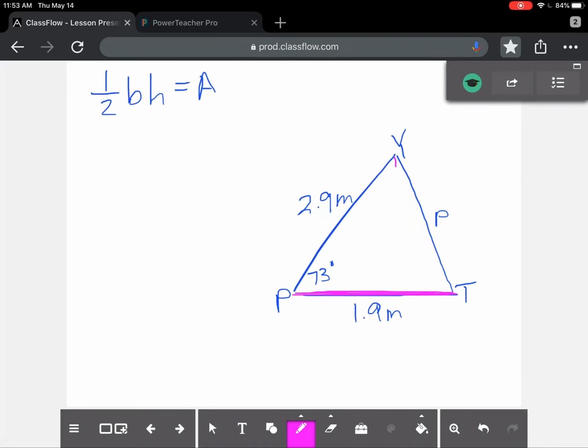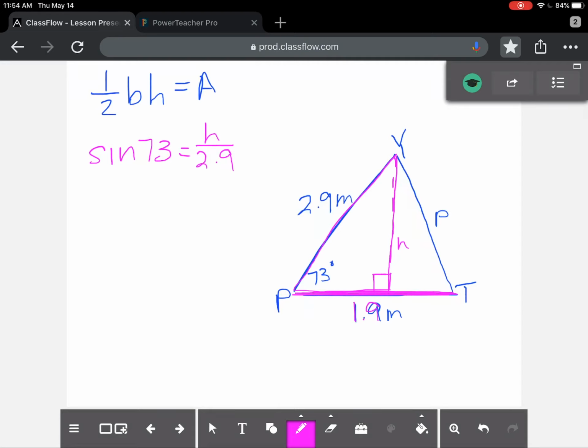Well, we know that area is 1/2 base times height. I'm going to create a right triangle in here because I'm going to make my base this one. If that's my base, that means my height has to be perpendicular. I know my base is 1.9.